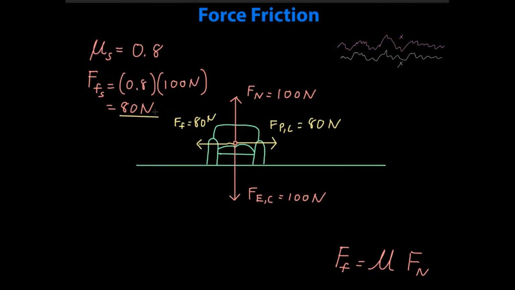Any force larger than the static force of friction will make this couch move, which means if you pushed with 80.000000001, this couch will move. Now, that is well within our rounding errors for physics.